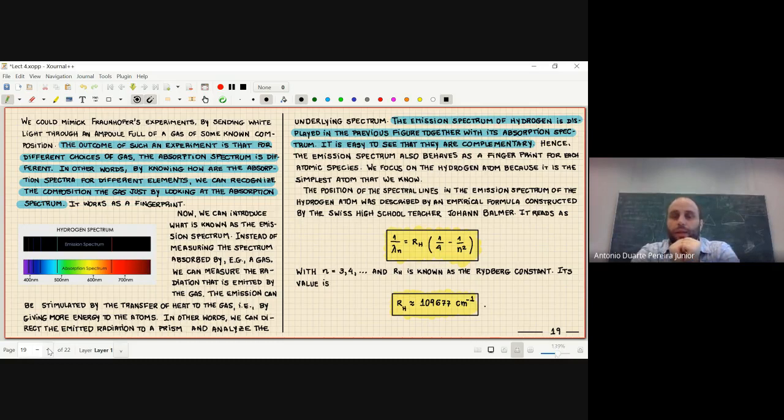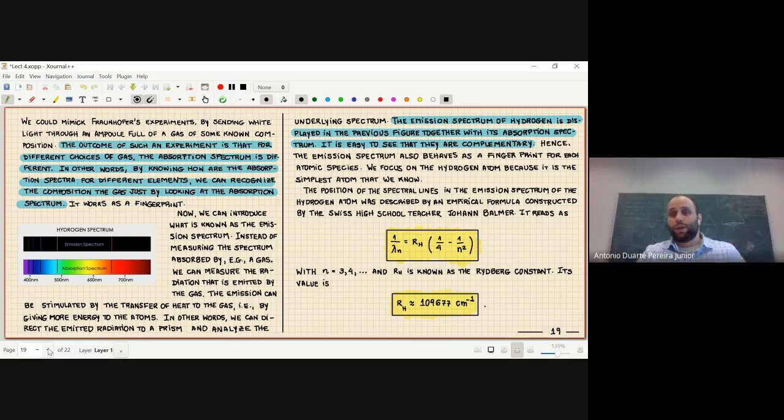Now you go to your lab, you change the gas inside this tube, you put a different gas with different atomic species, and you throw light again, and what you're going to see is that the colors missing in the spectral decomposition are different. So for different materials, different colors will be missing.